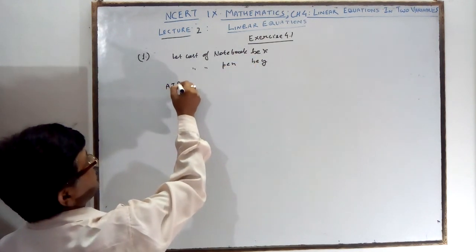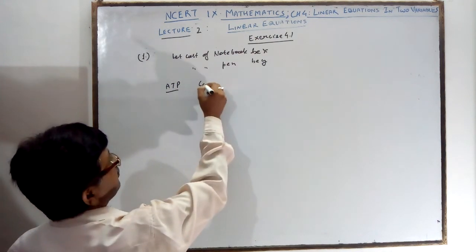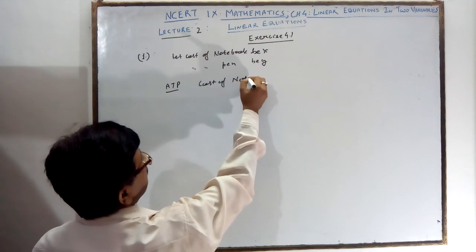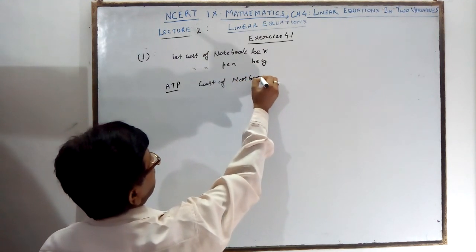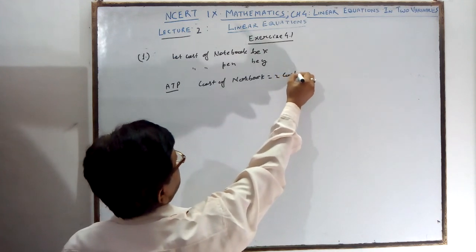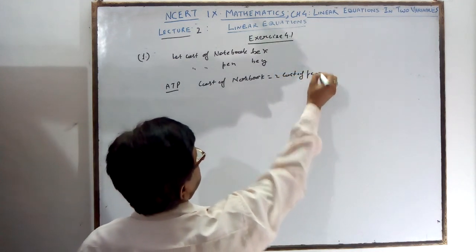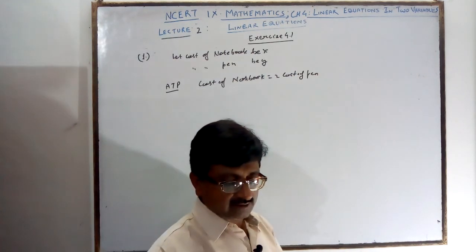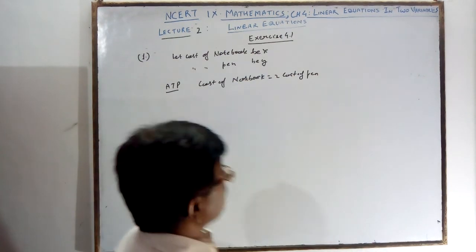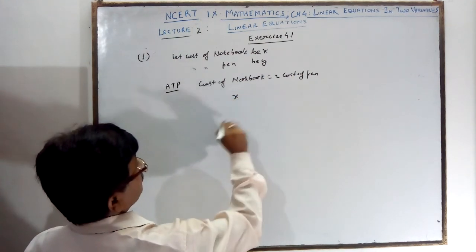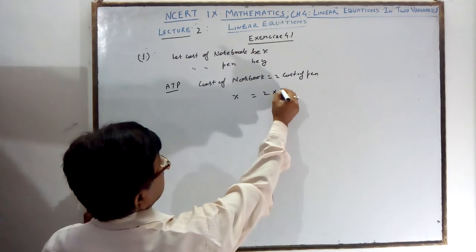It is given here: cost of notebook is twice the cost of a pen. What is the meaning? Cost of notebook is x, and twice the cost of the pen is 2 into y.